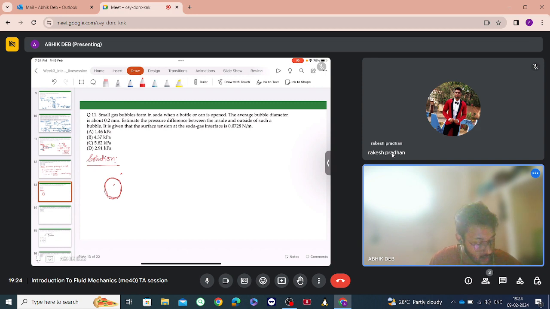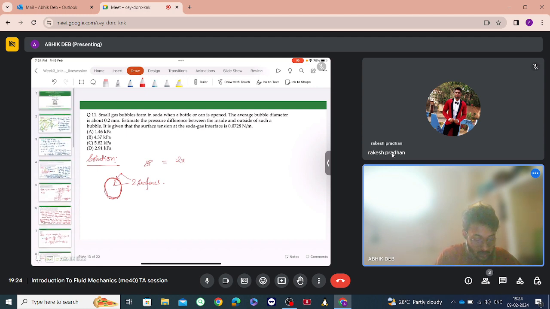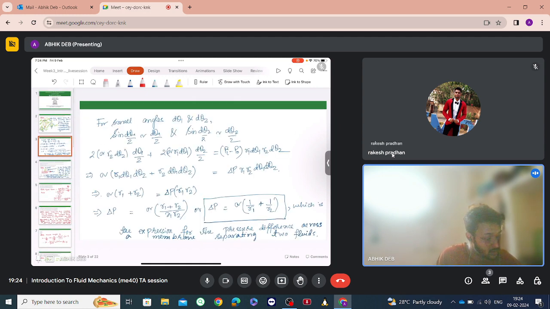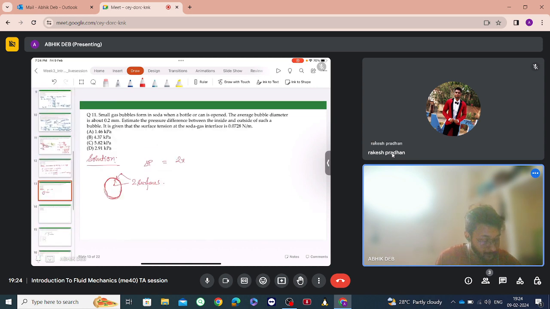So the pressure difference, with one surface and another surface, two surfaces, will be 2 multiplied by sigma into 1 by r1 plus 1 by r2.